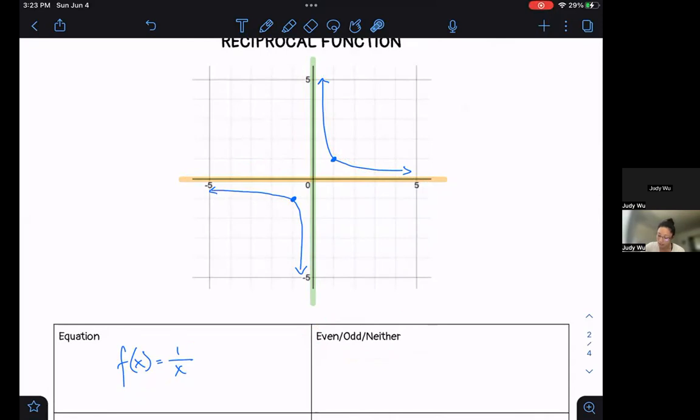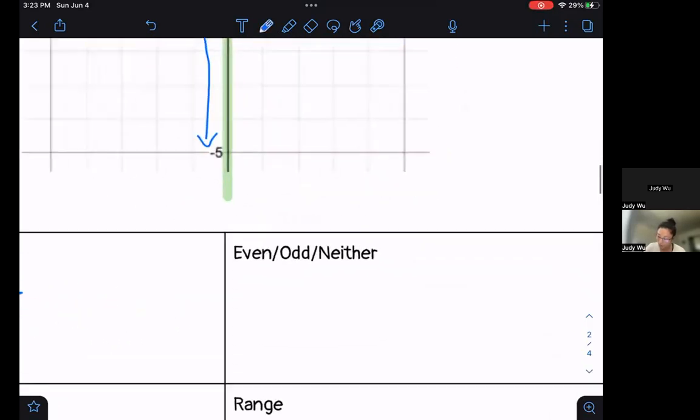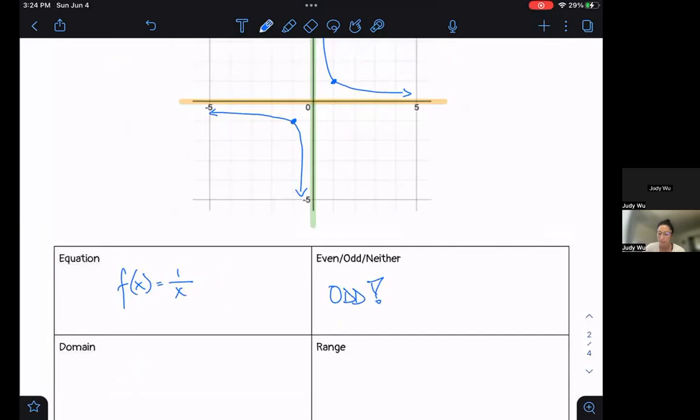But it does look like this point gets reflected here and then again down here. And when we have that double reflection, that's when we know that our function is odd. Okay. And as a reminder, that means f of x is equal to negative f of negative x.